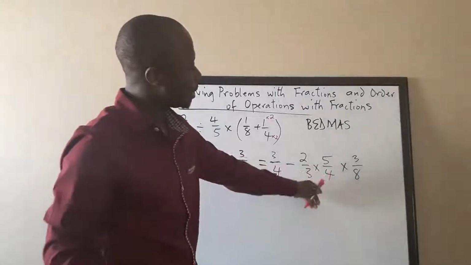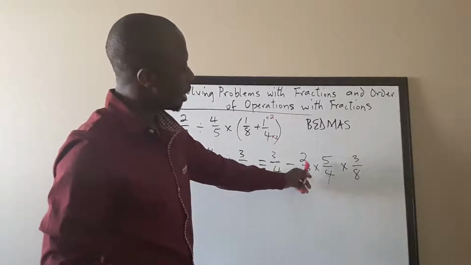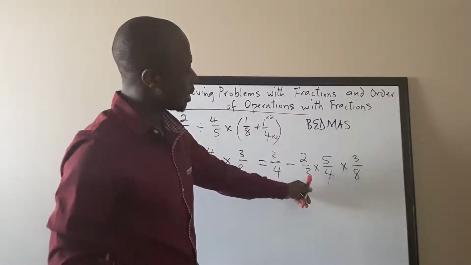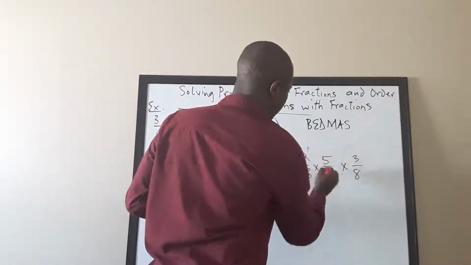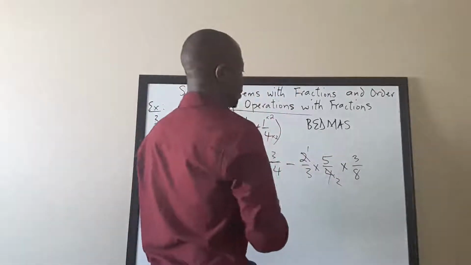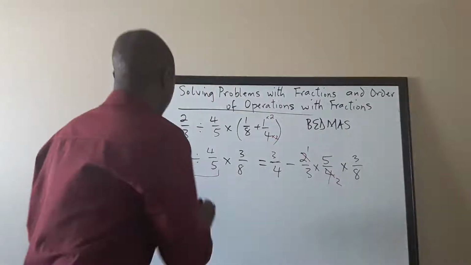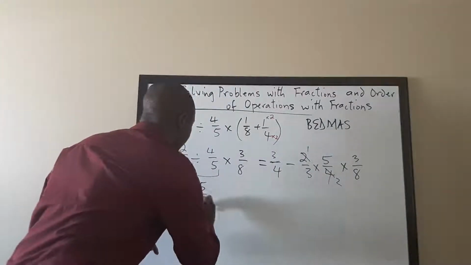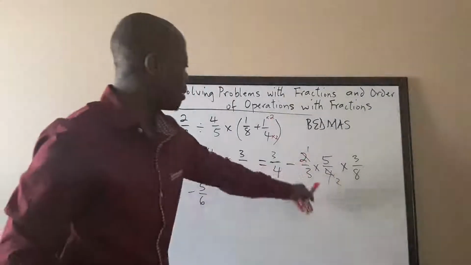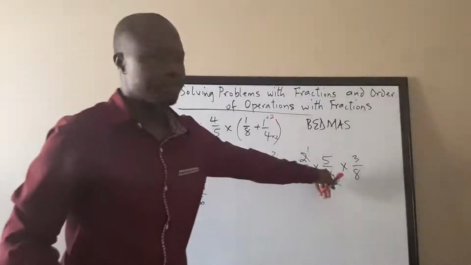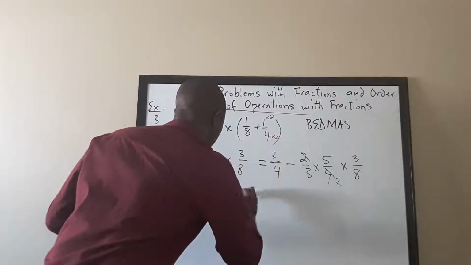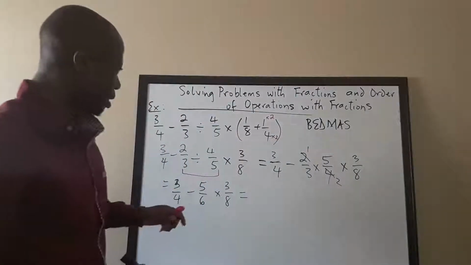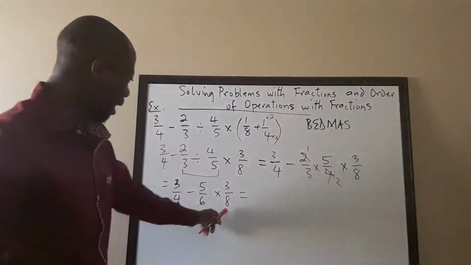When I multiply these, actually I want to cancel this out. So this is 1, this is 2. So that's 5 over 6. So minus 5 over 6 times 3 over 8.